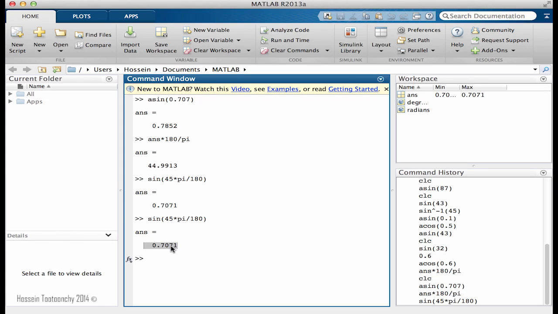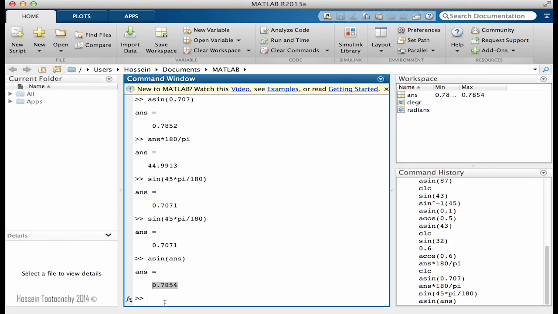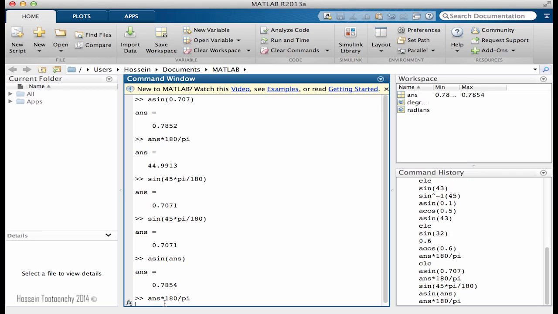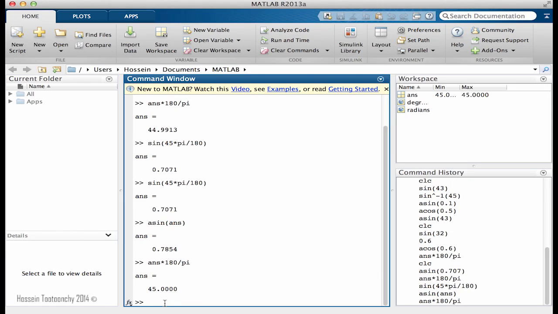Now if I reflect this number, the answer, back into a sine, so a sine of answer is going to be this number, and now I convert this one into degrees. So answer into degrees, and you can see that now it's a perfect 45 degrees.